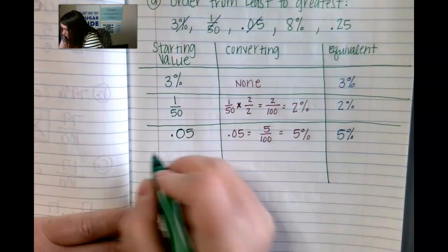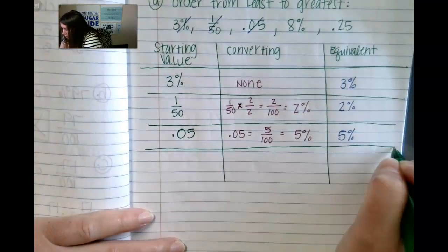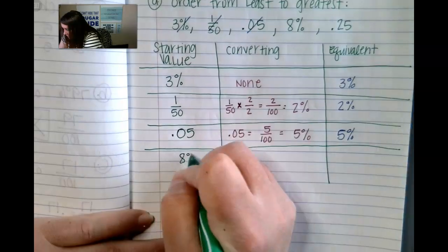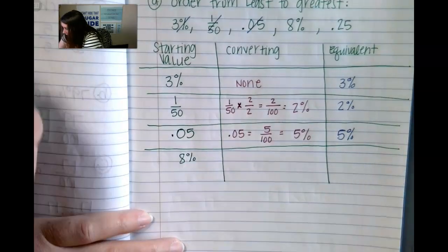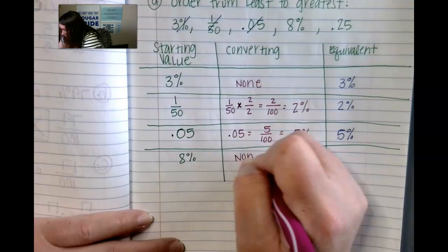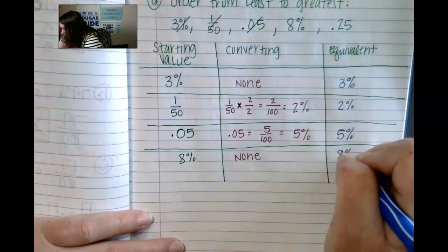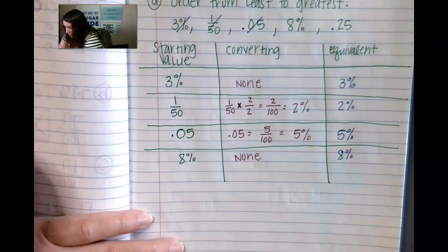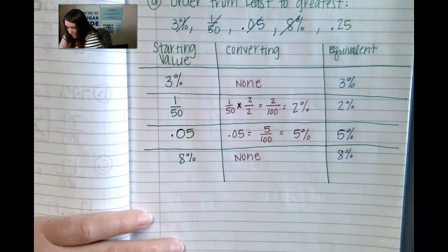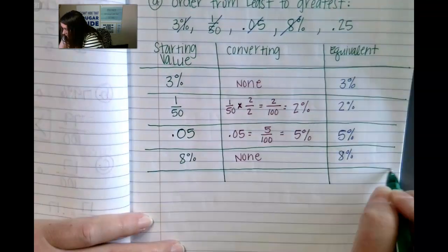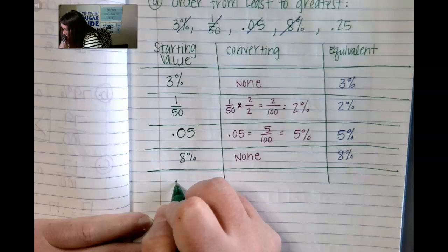The next one is another cheater one, because look, it's already a percentage. So I don't have any converting to do, and 8% is equal to 8%. All right, and I crossed that one off. And last, but definitely not least, 25/100.